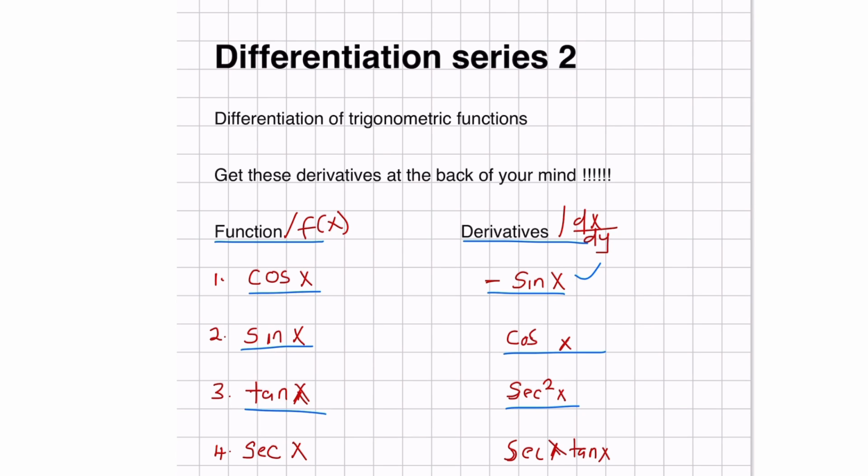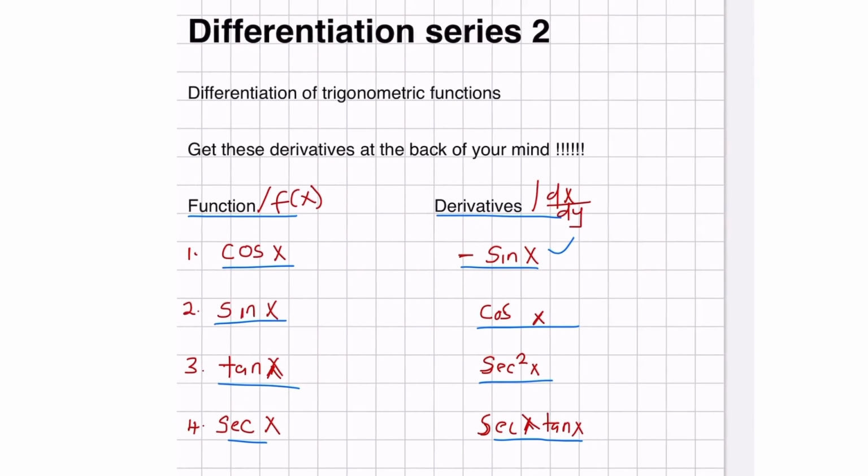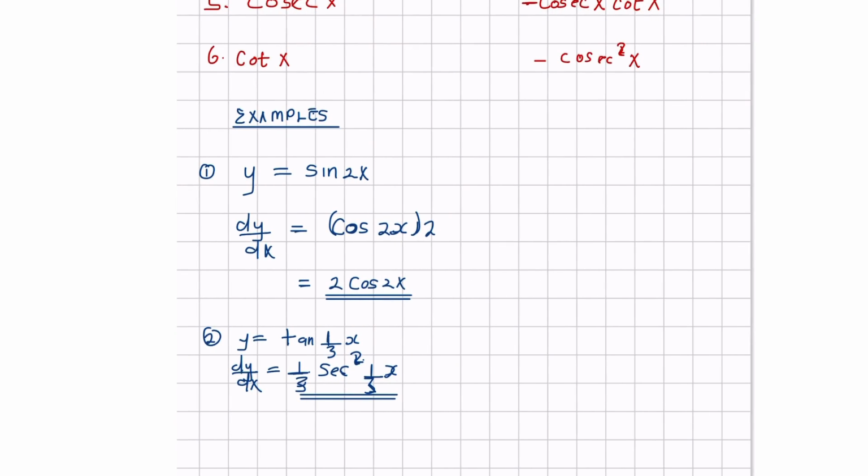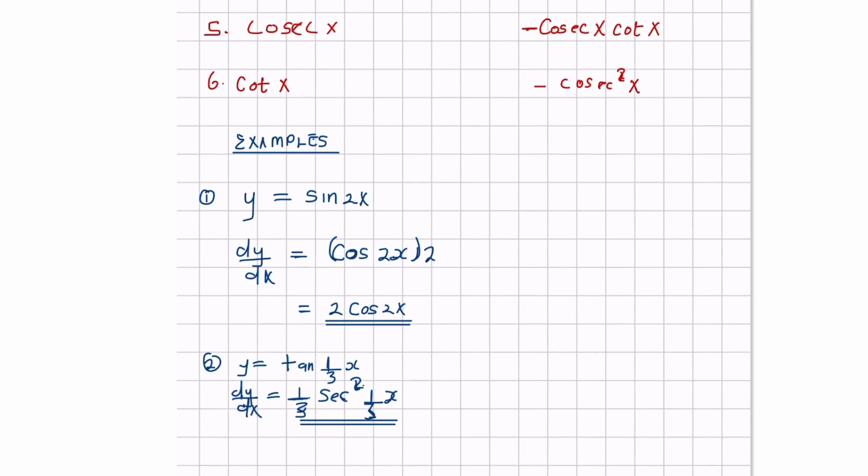The function sec x, the derivative is sec x tan x. Then the function cosec x, the derivative of that is minus cosec x cot x. And the function cot x, the derivative of that is minus cosec squared x.